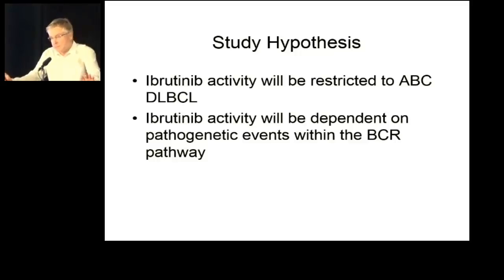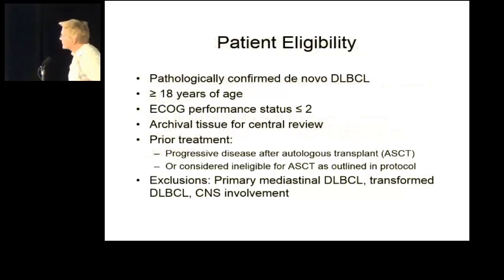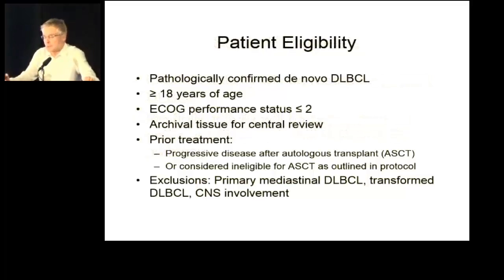And number two, to try to understand, at least on a hypothesis-generating basis, how the various mutants that are seen may relate to the response rate. So we did a clinical trial. These are relapsed refractory large cells. We took all comers. We looked at outcome.